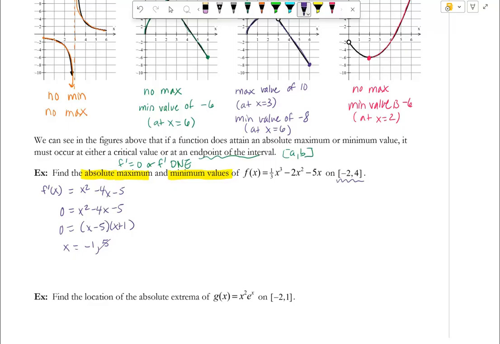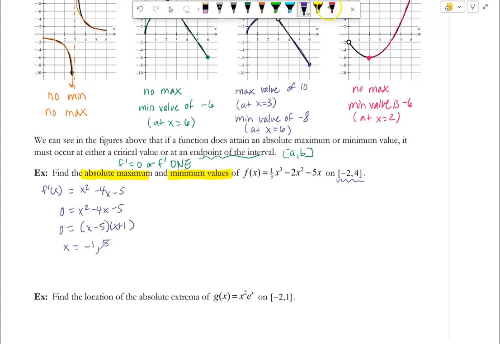So when we find relative min and max values, we can use a number line test because we're only considering critical values as possible candidates for locations for relative extrema. But when we are finding absolute mins and maxes, we really need to compare the function values.